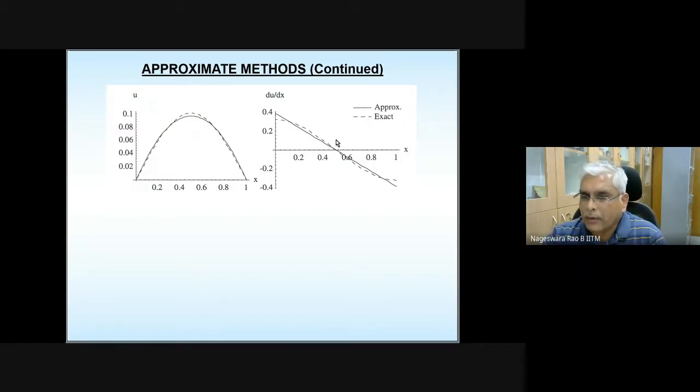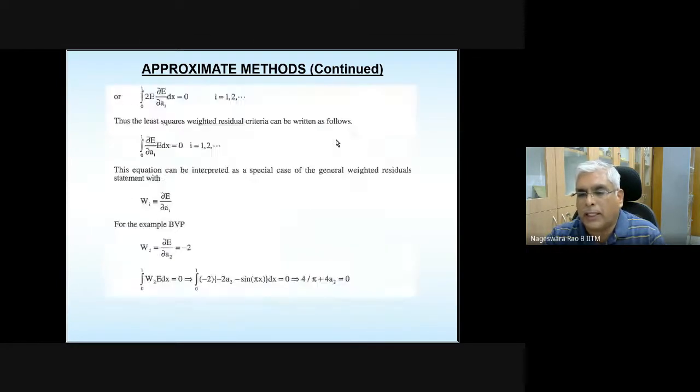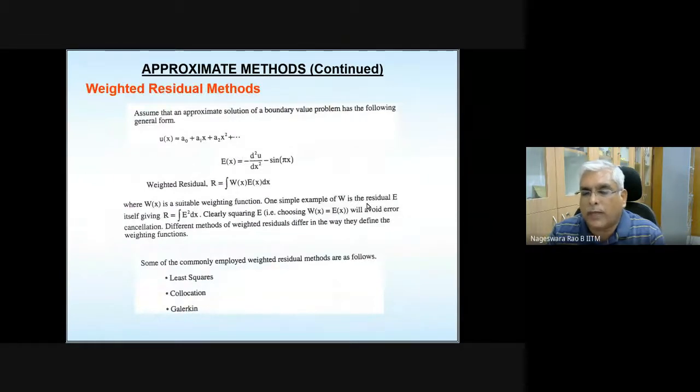Okay. So that is why Galerkin method is chosen for finite element method. If you want, finite element method can be developed based on least square weighted residual method. That is what is called least square weighted residual based finite element method, collocation based finite element method, Galerkin based finite element method.